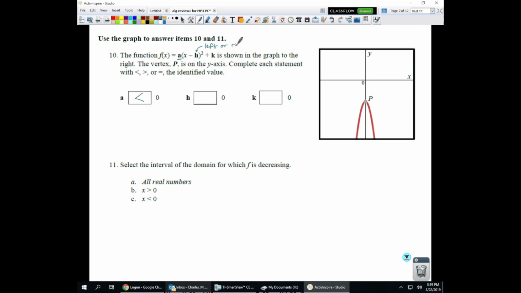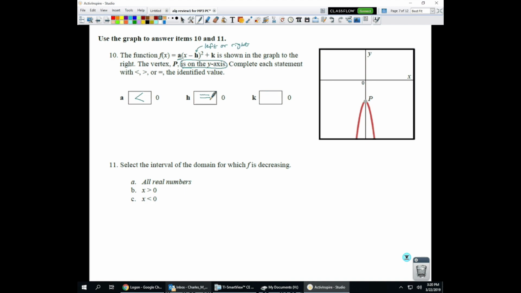It's the horizontal shift. So this one, with the vertex still on the y-axis, has not shifted left or right at all. It has stayed right in the middle of the graph. So H is exactly 0.